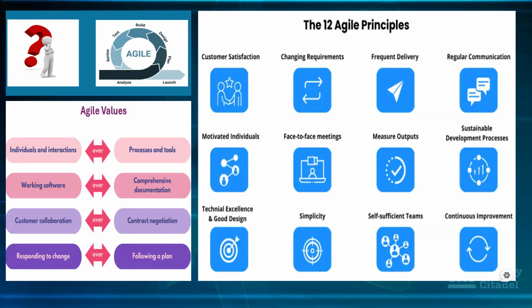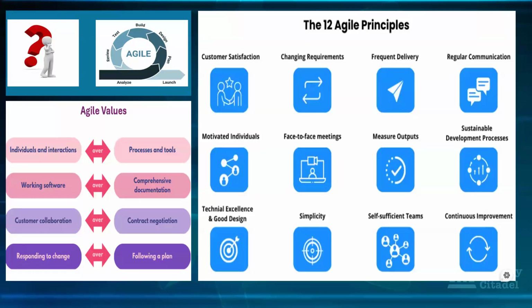We're not sticking to the plan, saying this was the plan from the initial set and that's what you're going to take. But responding to the changes, those are the values that the Agile project management approach brings to managing a project, and those are the highlights. Those are the positive and good responses that come from Agile project management.